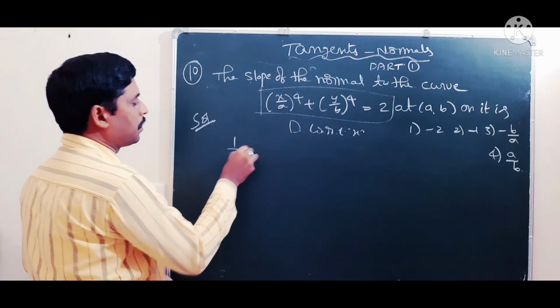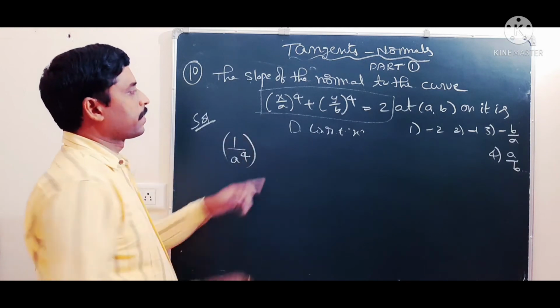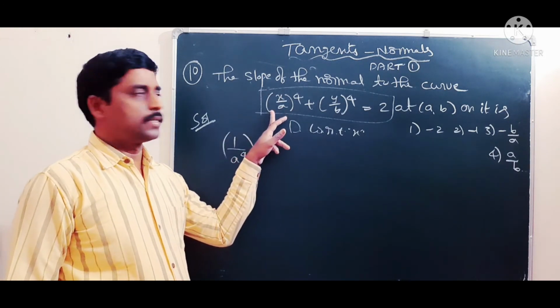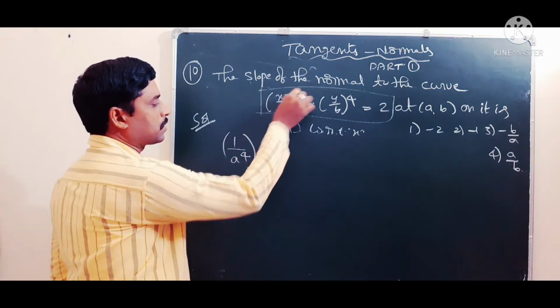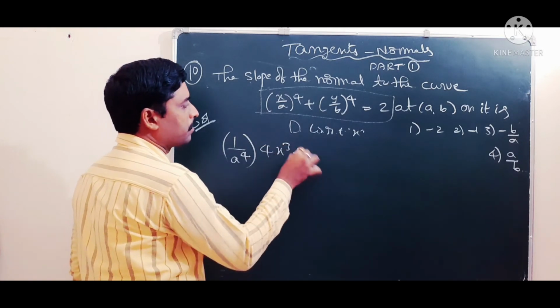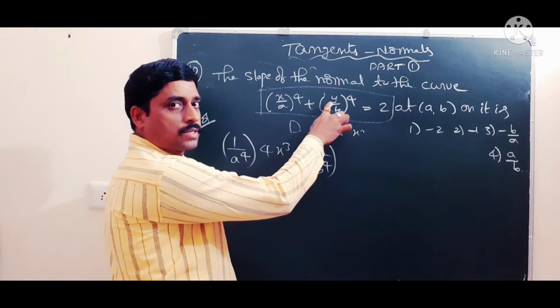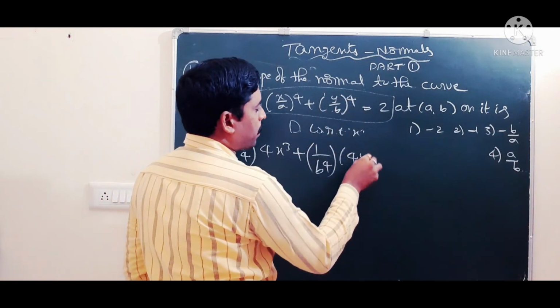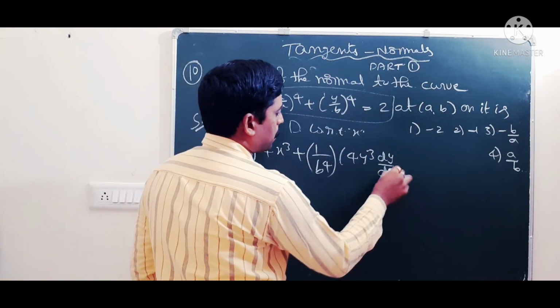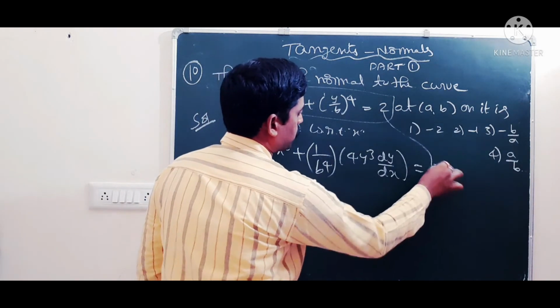In this, 1 by a to the power 4 is a constant, and the differentiation of x to the power 4 is 4x³. In this, 1 by b to the power 4 is a constant, and the differentiation of y to the power 4 is 4y³ into dy by dx, equal to 0, since the constant's derivative is 0.